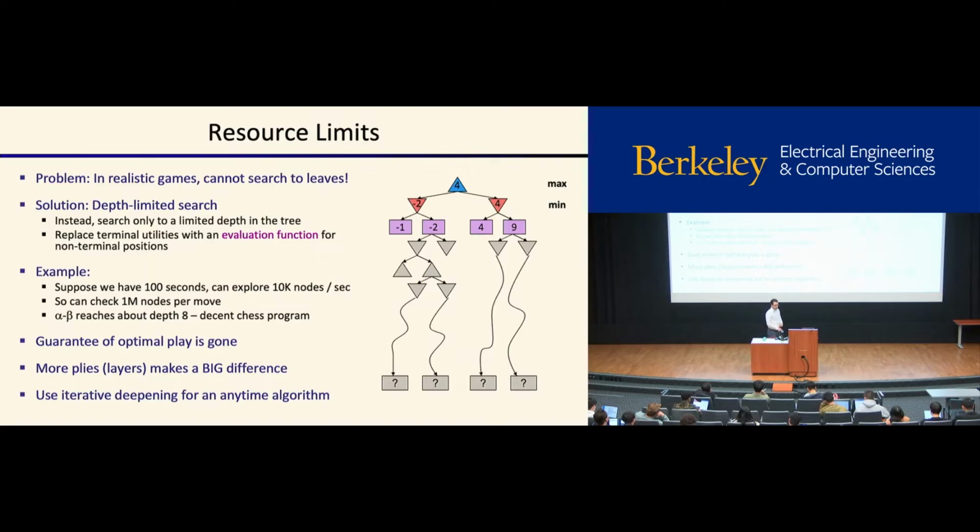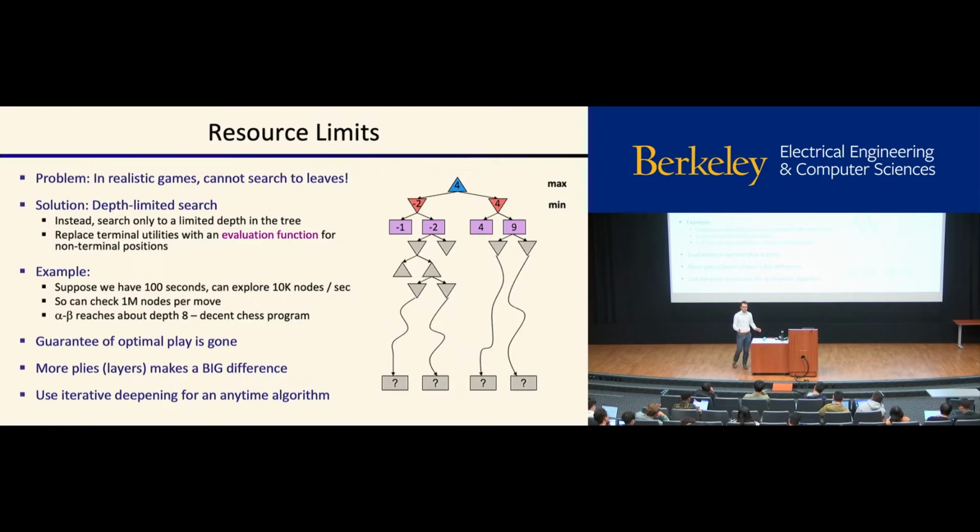Similar function though, okay? And we'll find that the more layers we allow ourselves to search before we use this evaluation function, the more that helps us. The evaluation function doesn't even have to be that good, as long as we have a deep search before it, we'll be okay. And we can also use, back in the first search lecture, we talked about iterative deepening depth first search, right?